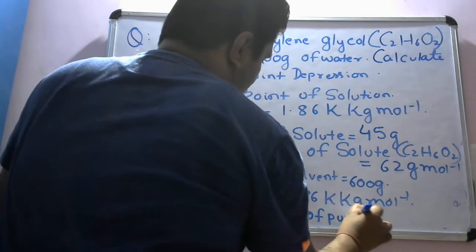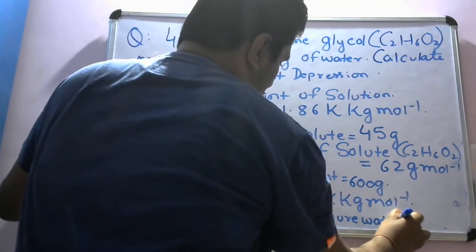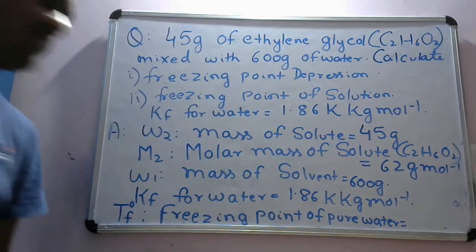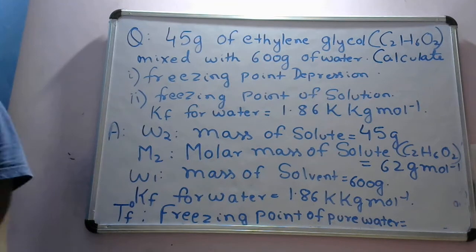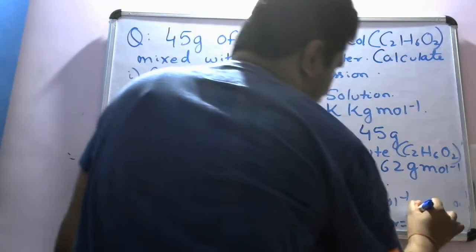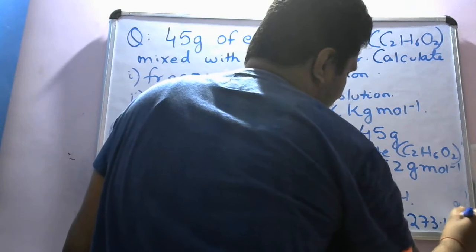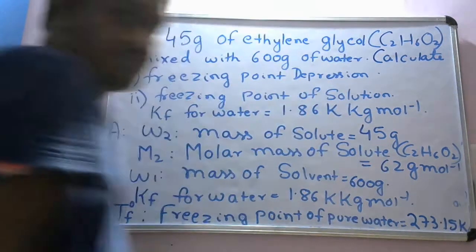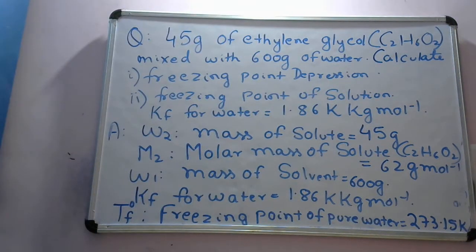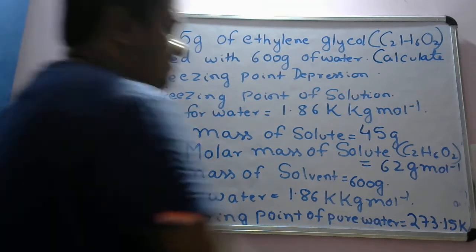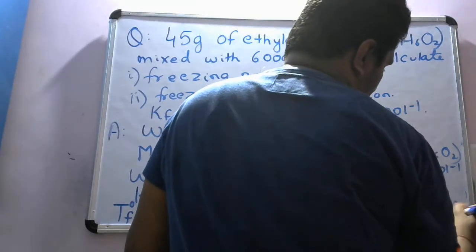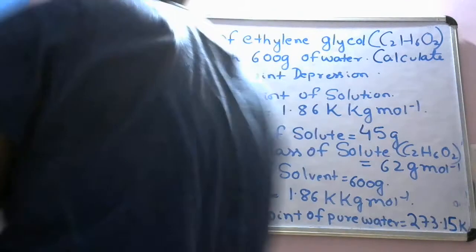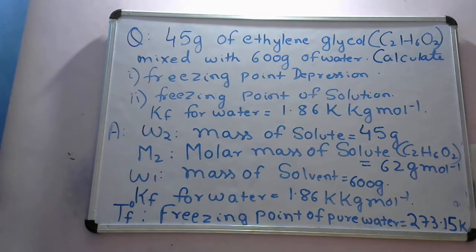Water is our solvent, so pure water we can also write as pure solvent. If we write in Kelvin, it is 273.15 Kelvin. So this is the data which is given to us. You write it down. Then we will proceed for the solution.